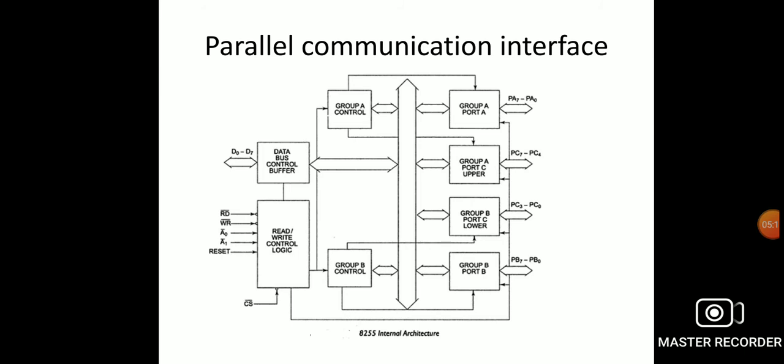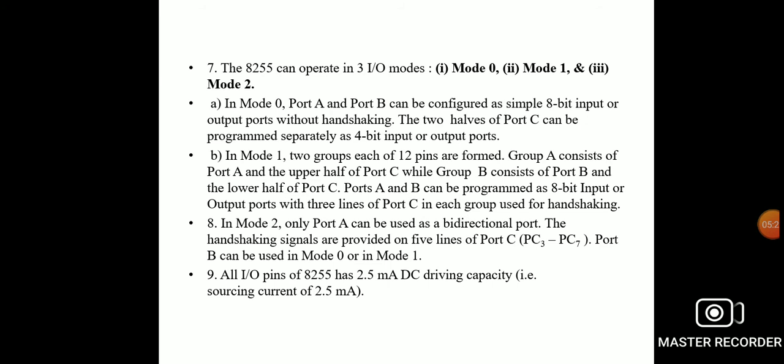And then we see the modes of operation. There are two basic modes of operation in 8255A, the BSR mode and the input and output mode. In the input and output mode of 8255A, ports work as programmable input output ports, while in BSR mode only port C can be used to set or reset the individual port bits. Under the input and output mode of operation, there are further three modes of operation of 8255 to support different types of applications: mode 0, mode 1 and mode 2.